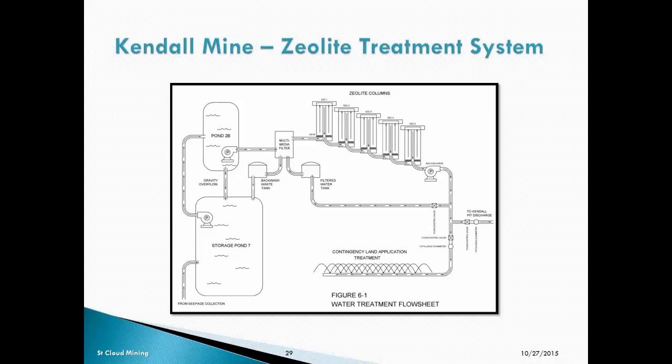And the idea was to, at the end of the column, have zero discharge for all intents and purposes of thallium, and then be able to add columns at the front of the system as the zeolite in the back of the system was completely inundated and could take no more thallium, so that they got full use of the zeolite.